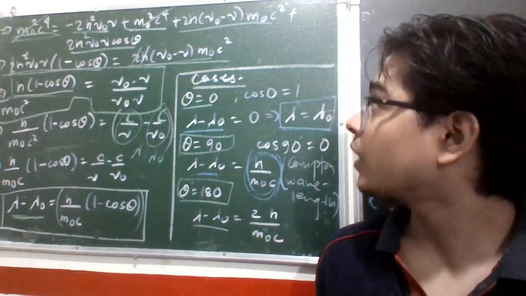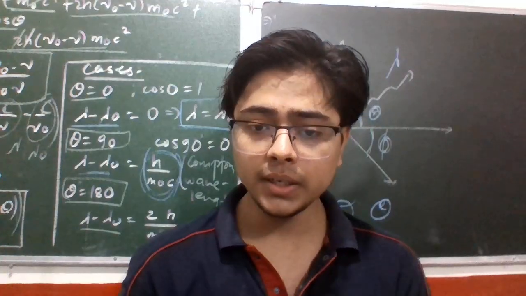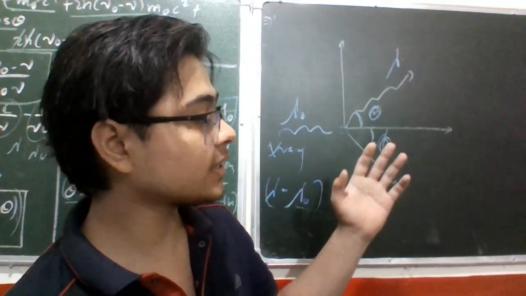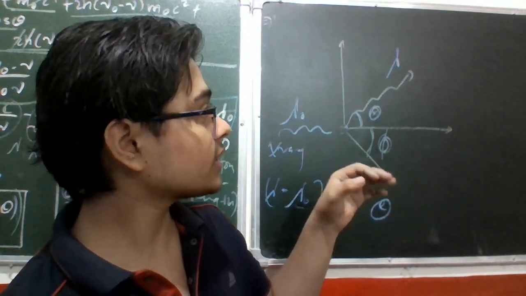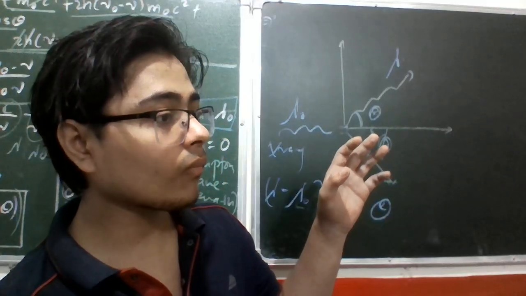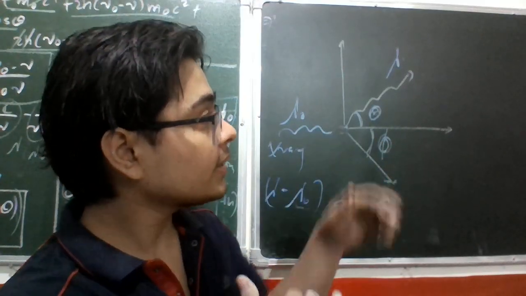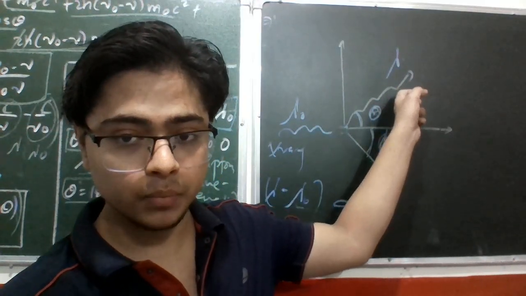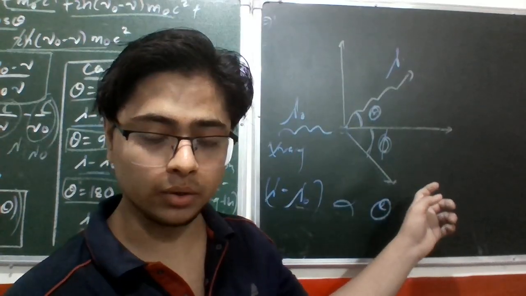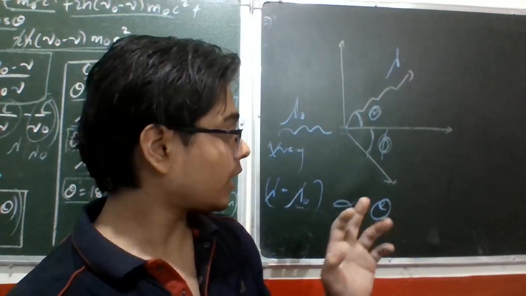So this is it about the theory. But up to now, we have just looked at the scattered X-ray. We haven't talked about this recoil electron. So let's talk about this recoil electron.